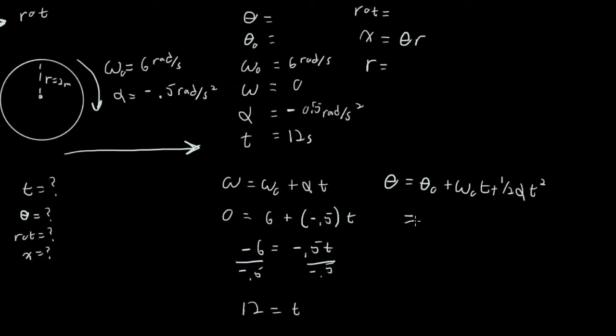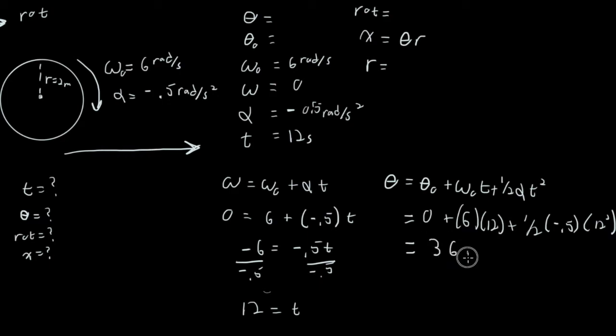We're going to start at an angular displacement of 0, and then our initial velocity is 6 times our time of 12, plus 1/2 times negative 0.5 times 12 squared. And if we run that calculation, we end up with an angular displacement of 36 radians. So let's write that in here, 36 radians.